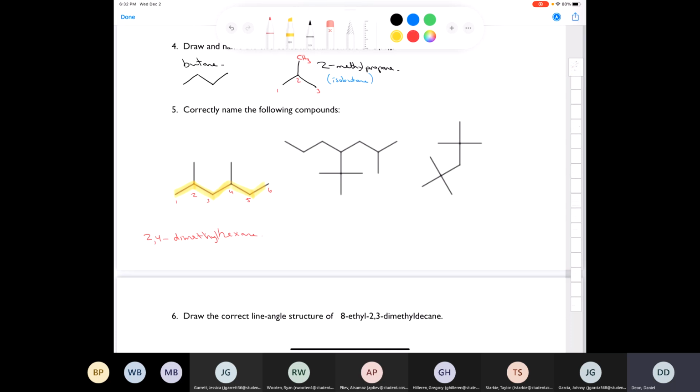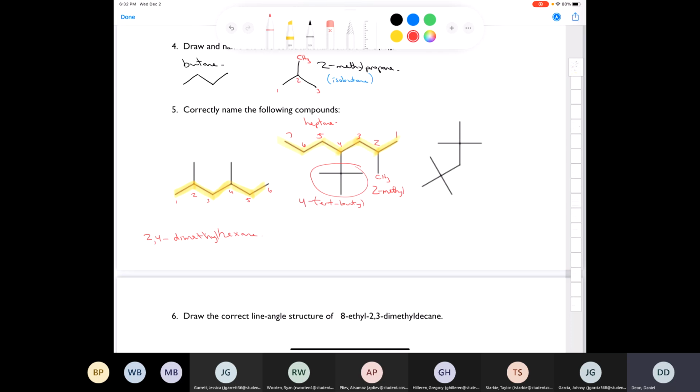The next one, if we want to identify the longest carbon chain, is 1, 2, 3, 4, 5, 6, 7 carbons in it like that. Now you can see we have a methyl group here, and here we have a tert-butyl. We number these 1, 2, 3, 4, 5, 6, 7. This is some kind of heptane. And we have a 2-methyl. And we have a 4-tert-butyl.